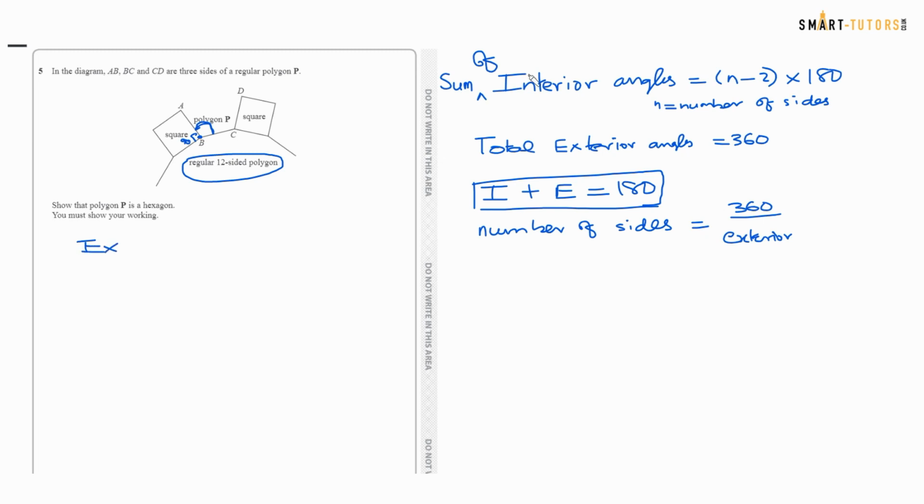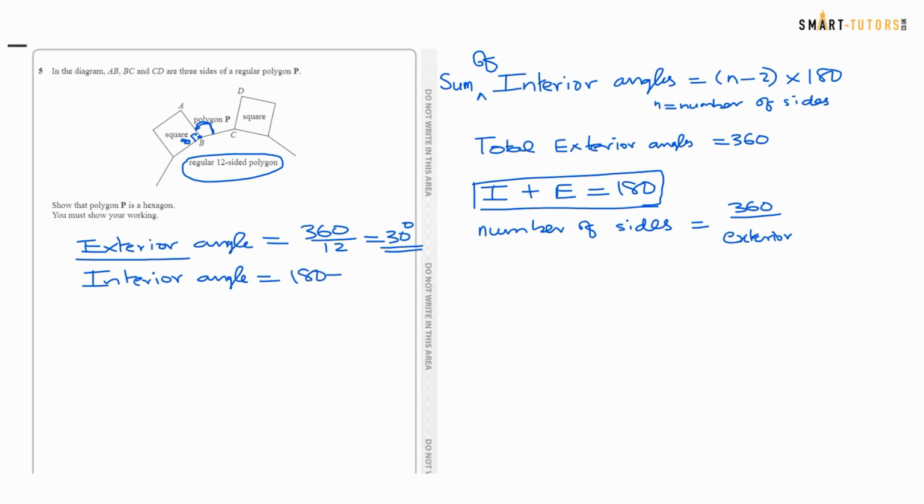So if you divide 360 over 12, you get an exterior angle. So exterior angle equals 360 over 12, which is 30 degrees. So if 30 degrees is the exterior angle, the interior angle is 180 minus 30, which is 150.